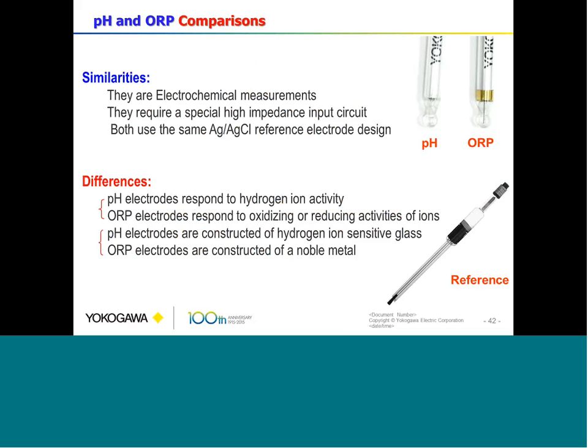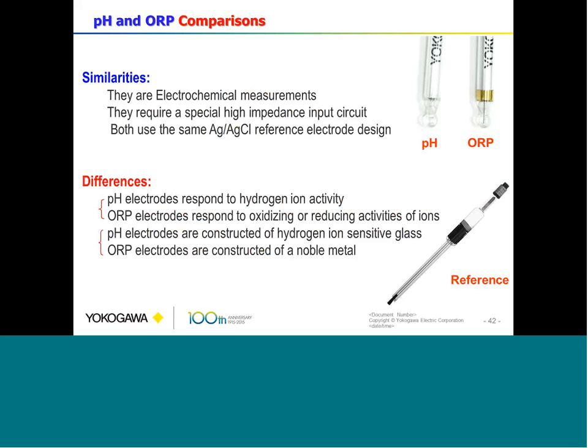There are a lot of similarities between pH and ORP. They're both electrochemical. They usually require high impedance circuits. They both have silver in the common configurations. Both use the same silver-silver chloride reference electrode design. The ORP is different on the measuring side, obviously.